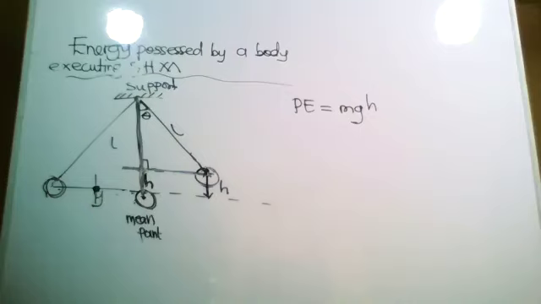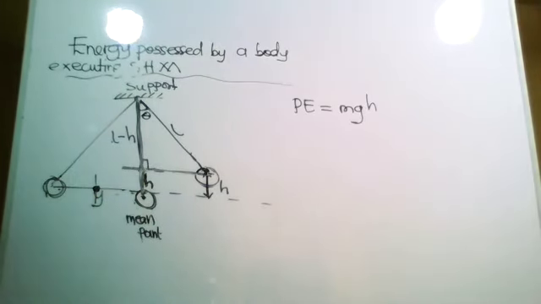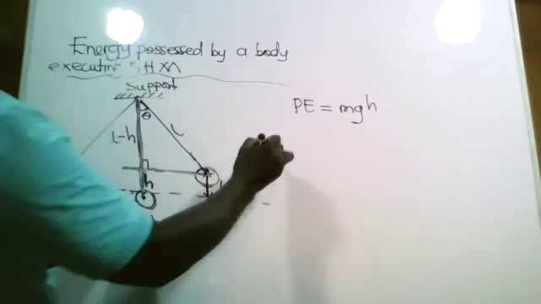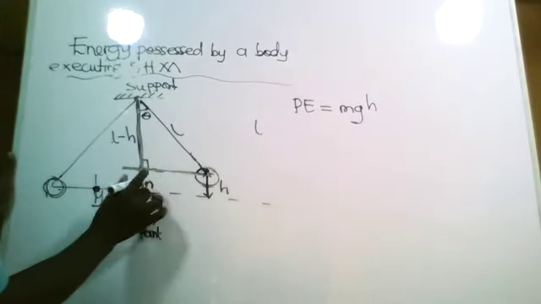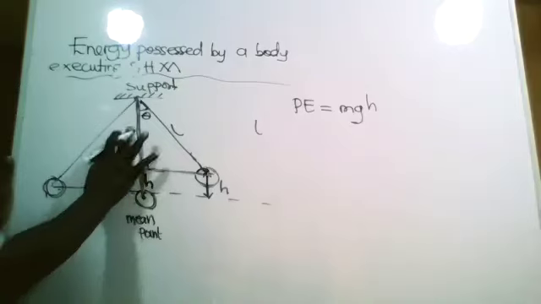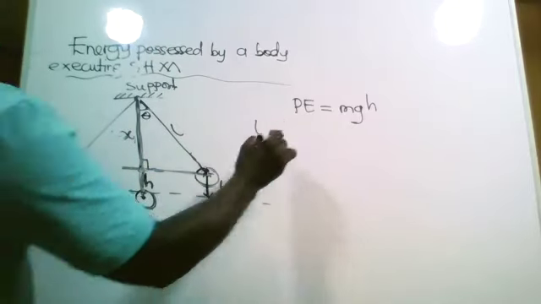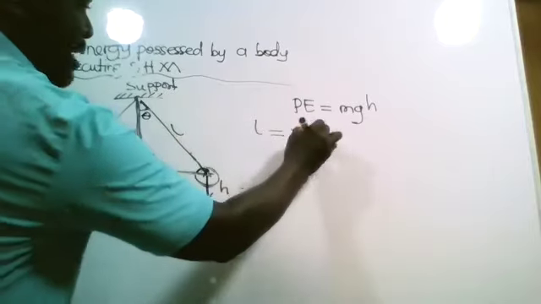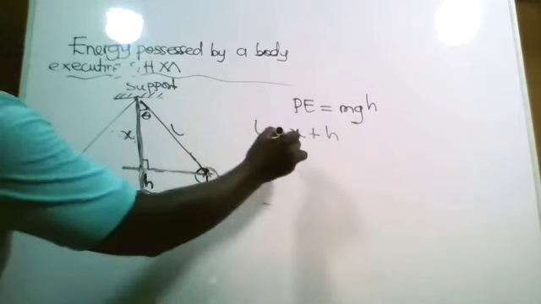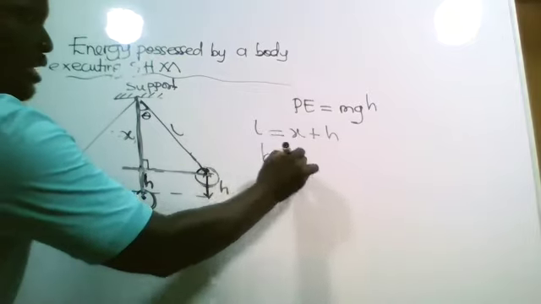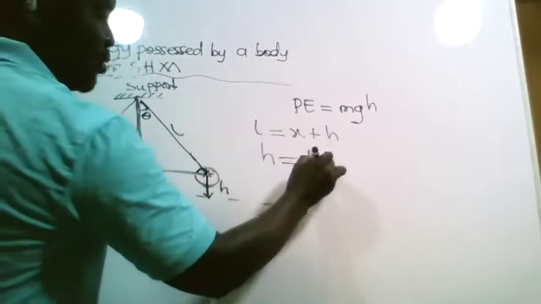L minus H. So this is L minus H because this whole length is L. Assuming this is X, from here to here is X, and this is H. It means L is equal to X plus H. Meaning that if you are looking for H, because we are interested in this vertical height covered, H is equal to L minus X, isn't it?